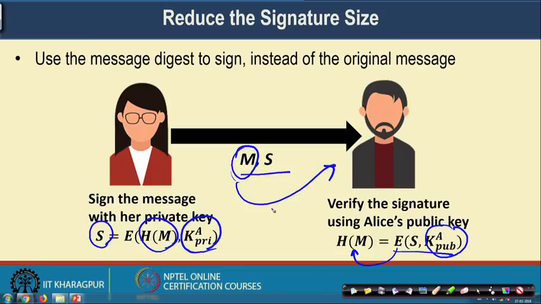So, from this M, Bob can compute H(M) and can check whether these two H(M) match with each other or not. If these two H(M) match with each other, that means the signature is correct and it provides you the authenticity of the original document. So, that way you are able to reduce the size of the signature by applying the message digest, and at the same time you can support the authenticity of a particular document.